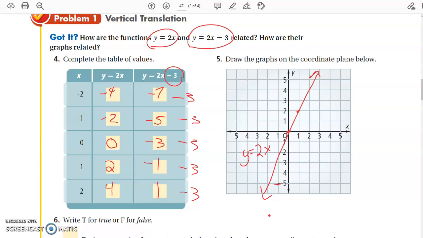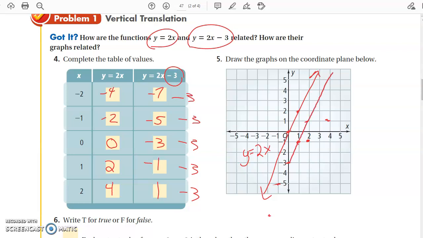And we can also do 0, -3, right? That'd be the y-intercept. And then 2, 1, I'm sorry, and then 1, -1.